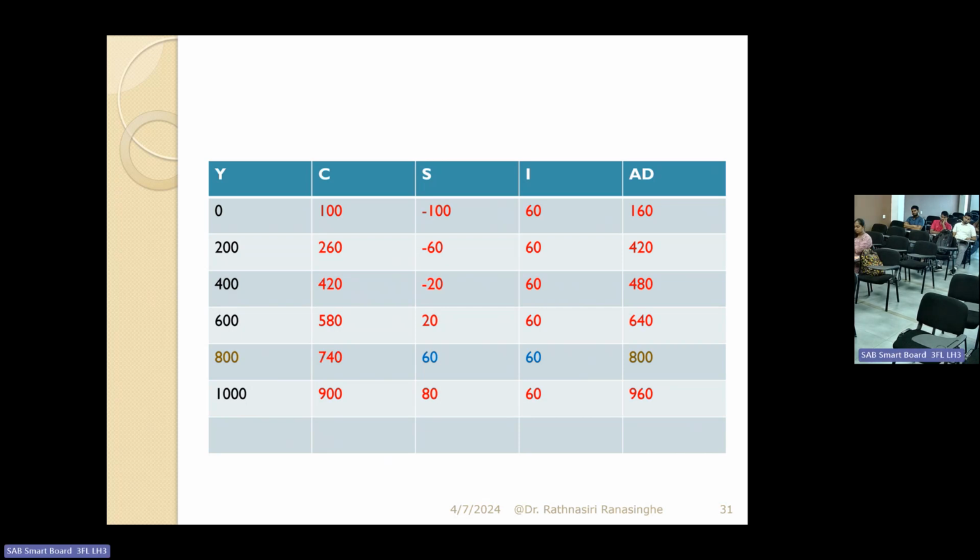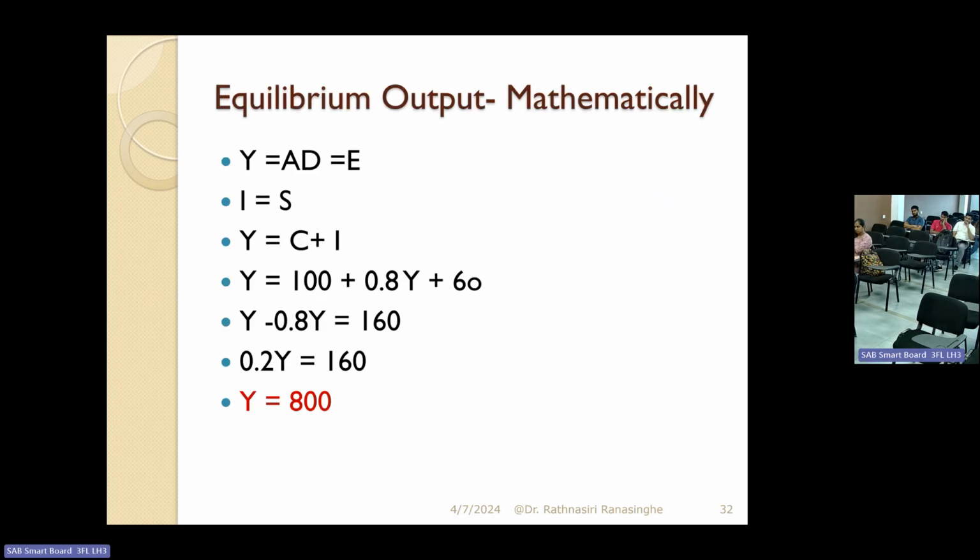So you can do it, and we can explain the equation for that. Our consumption function is 100 plus 0.8Y, and the investment is 60. We can derive the equilibrium equation by substituting the values into the equilibrium income equation.